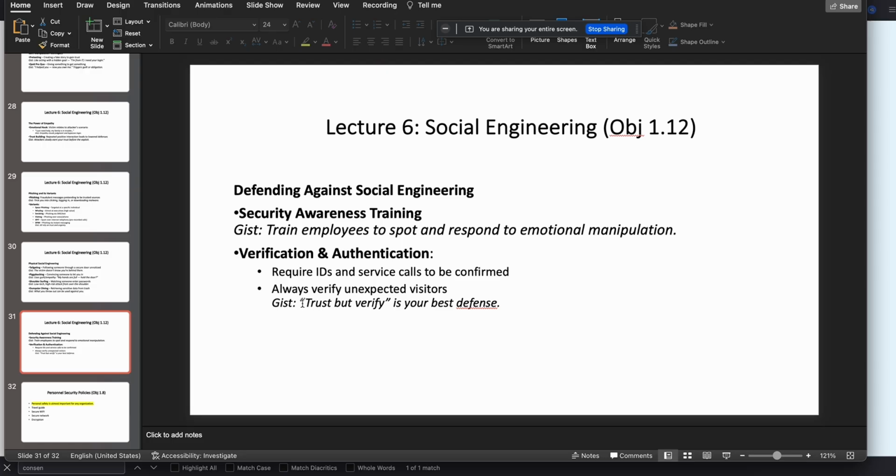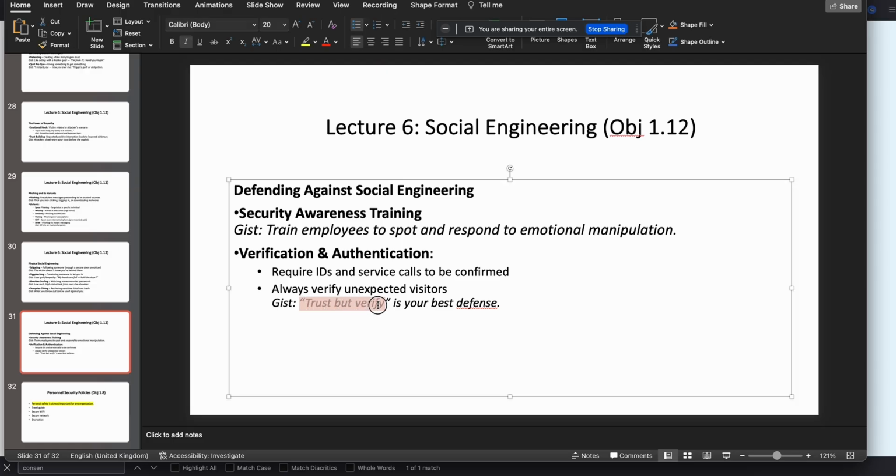Always remember, trust but verify is the best defense. And we will read this when we read zero trust policy. So in zero trust policy, the main concept is trust but verify. Why is it so? Because in the current system, if we can enter the system, the system is persistent. That means we can have as much access to that system as we want. The system thinks we are safe and secure, so it gives us access until we log out.